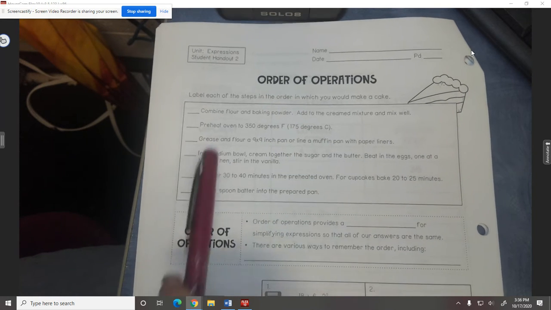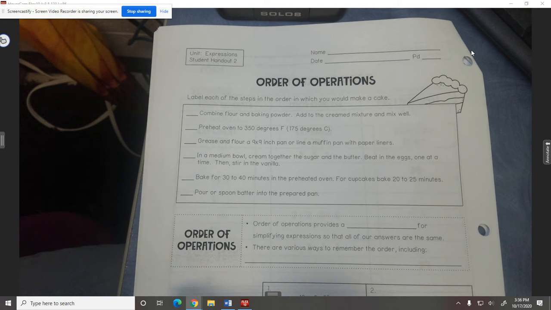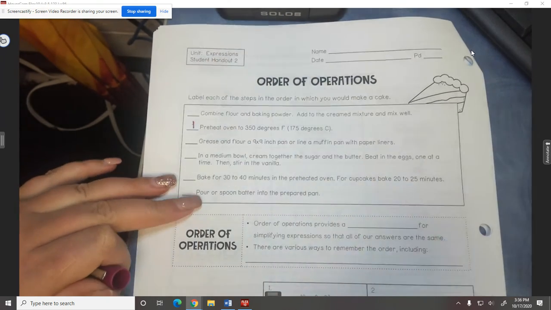So these are all the steps to make either a cake or cupcakes, but they're not in order. And so we want to put them in order. If you stop and think for a second, what's the very first thing you have to do when making a cake? You have to turn on the oven. You have to preheat the oven. If the oven's not hot, our cake's not going to turn out. So that's going to be step 1.